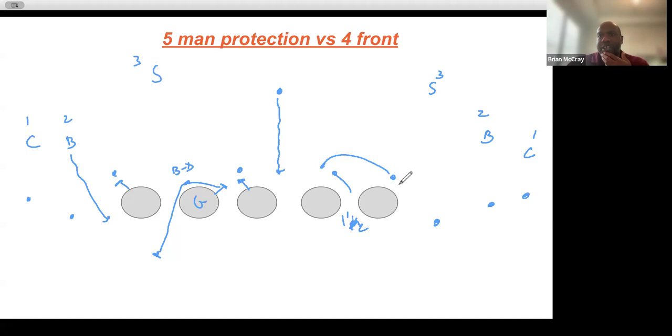He's probably going to take the outside rush, and that's what you want him to do because that's much easier for the tackle to take. It's just kick vertically and make sure that guy runs around the quarterback and we make something happen with it. Okay. So that's how we protect against a five-man protection against a four front in the empty set.